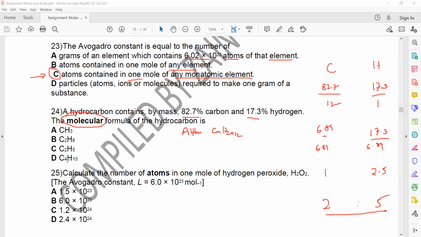When you check option D, C4H10, the ratio will be 2 is to 5. That's why D is the right answer. Why not B? B is even a correct formula, but it's not having the simplest ratio. It is 1 is to 2, not 2 is to 5. That's why D is the right answer for question 24.